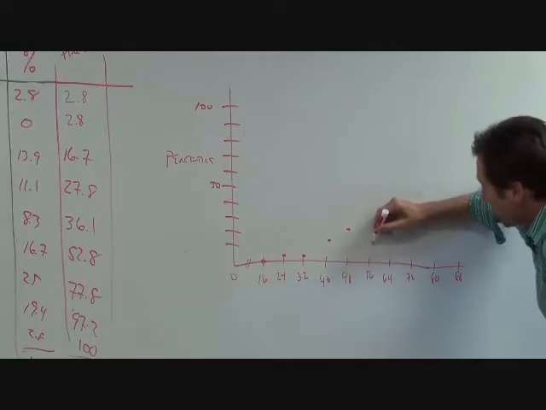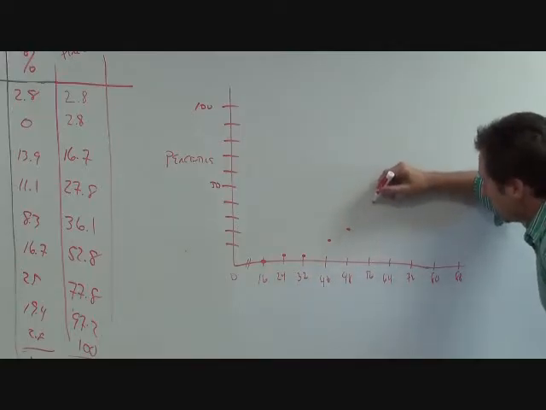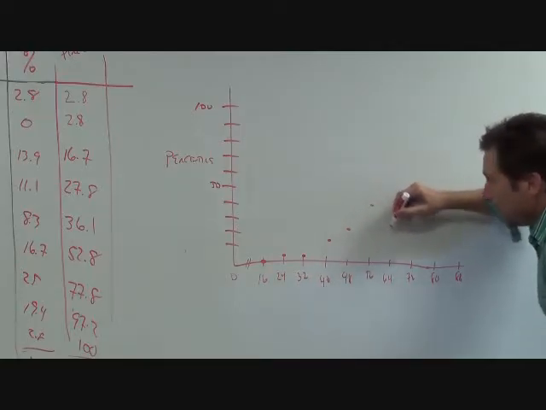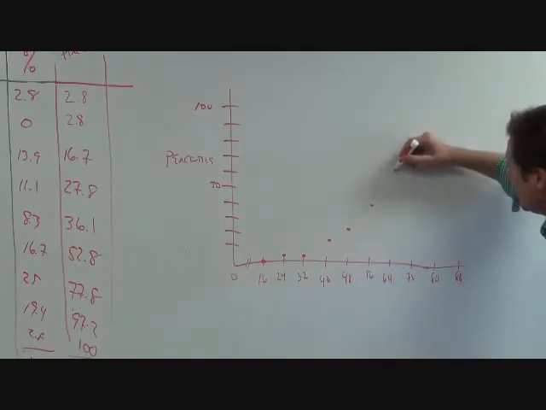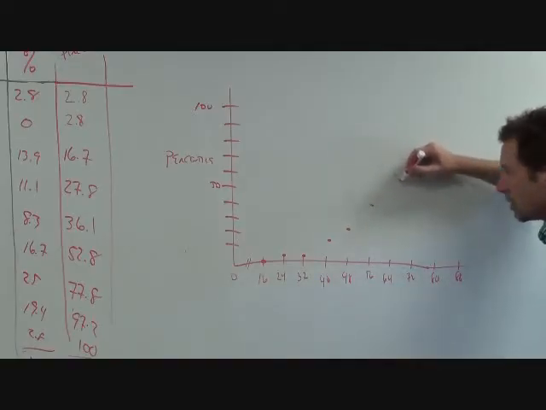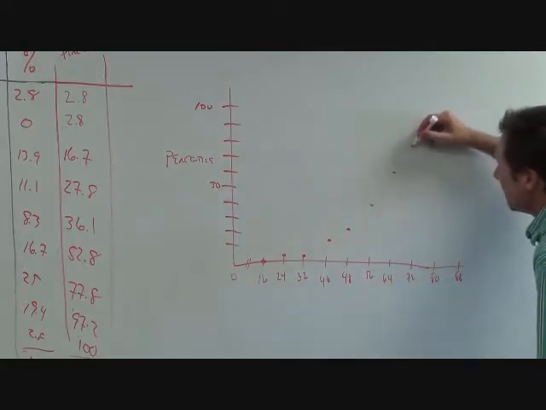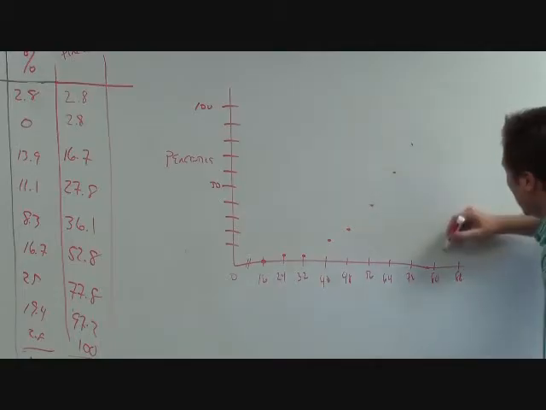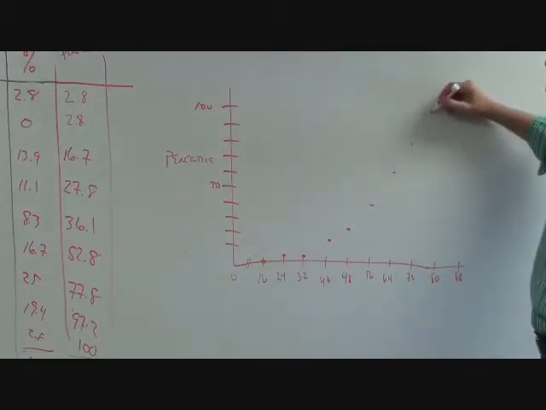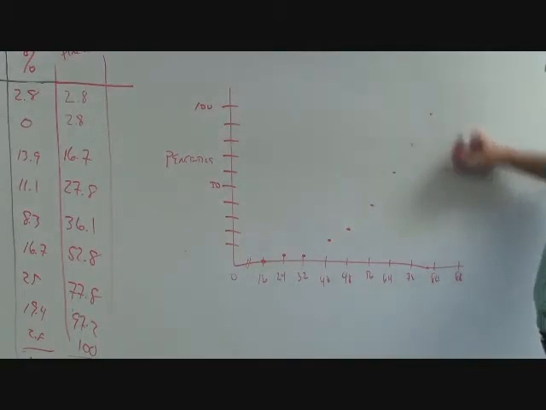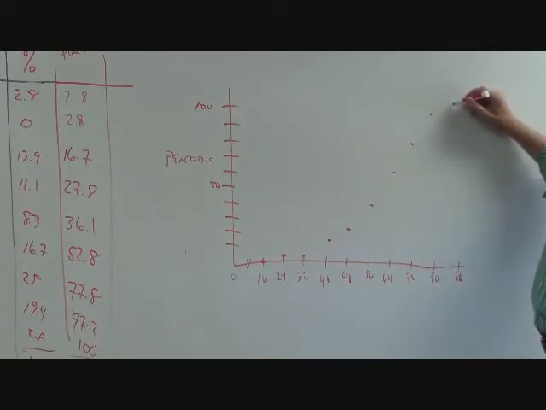Lower than 56 is 36. 64 is 52. 72 is 77. 80 is 97.2. 88 is 100. And it always ends up here at 100.